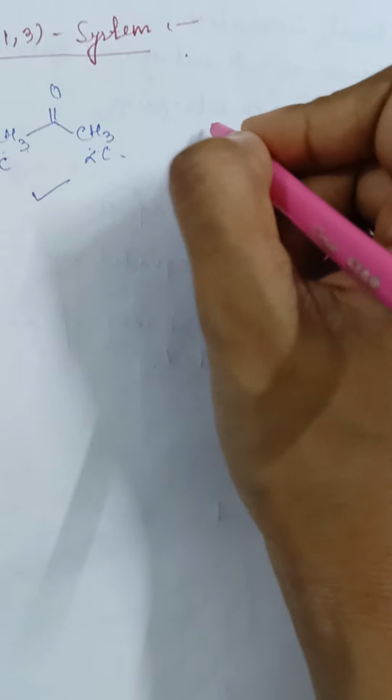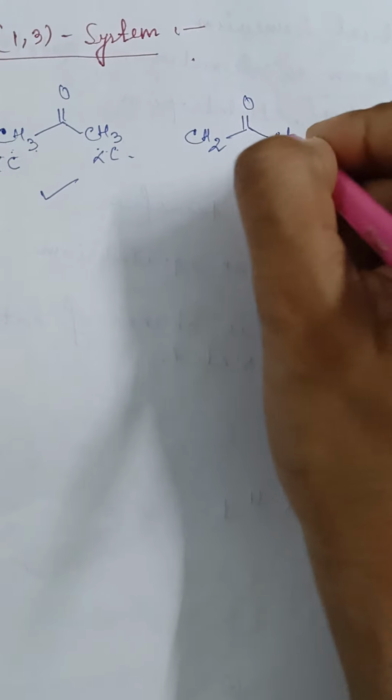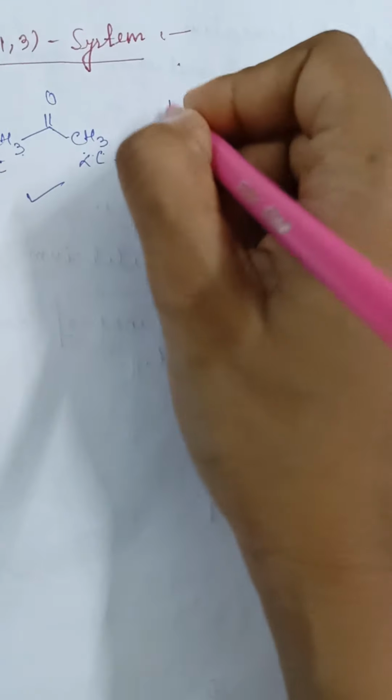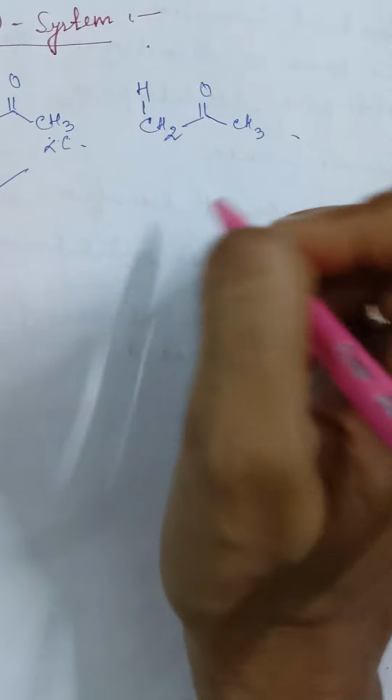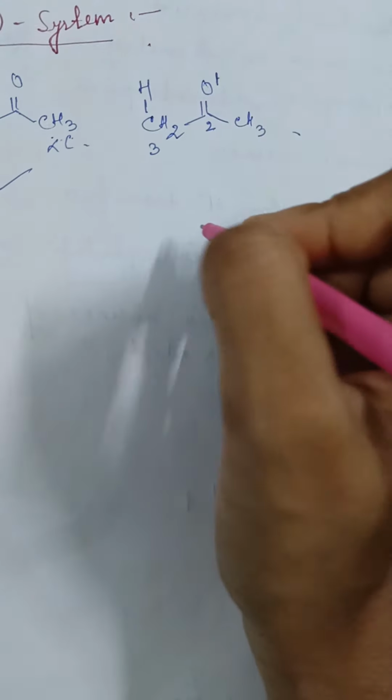Now I'll let you see the pathway of tautomerism. Suppose I am showing this hydrogen like this. Now you name it 1, 2 and 3.